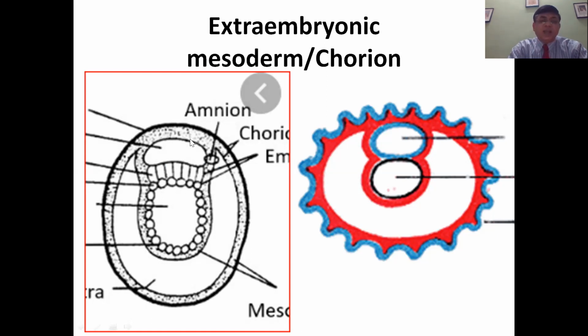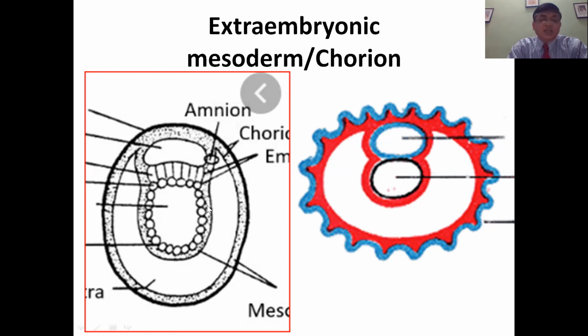This embryo entirely is covered by the trophoblast. Now, at the embryonic pole, there develops a cavity which is called as amniotic cavity. At the other pole, there develops a small cavity which is called as yolk sac.